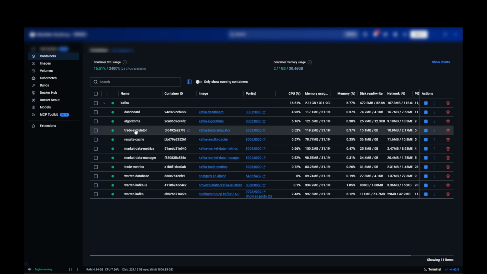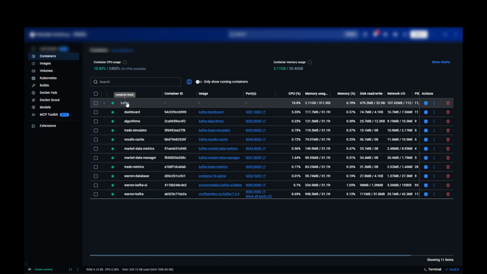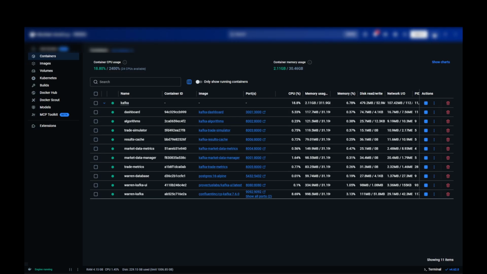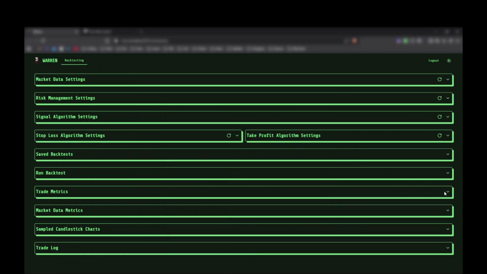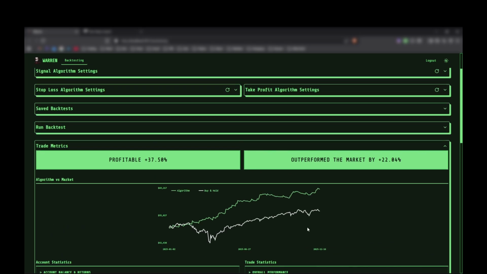The trade log is also in the trade simulator. So the trade log, the trade metrics, the market data metrics, all of this publishes to Kafka, and the dashboard subscribes to that, and that's how you see these final results. So that, in a very quick overview, is the way the system actually works in the back end.